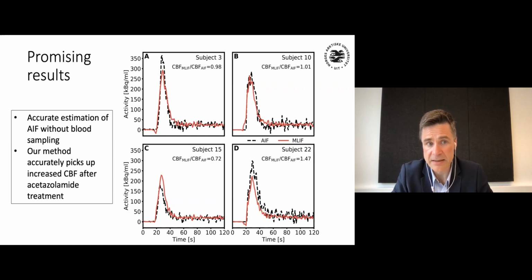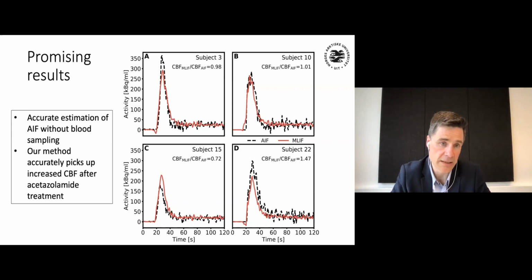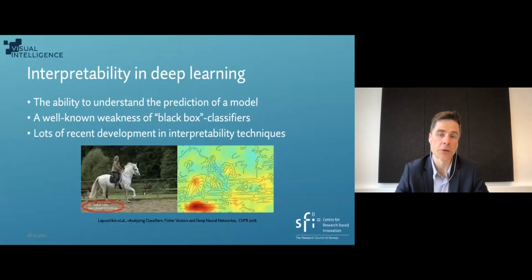What this means is that if you have a system like this, where we don't need to invoke this unpleasant and not very practical method of extracting blood physically from patients, and still are able to model the blood flow in their brain by Gaussian processes, machine learning, predicting these functions, then there's a really big benefit and quite a high chance of actually innovating the hospital system to have this kind of method used in practice. So this is the next step, of course, that we are working on.